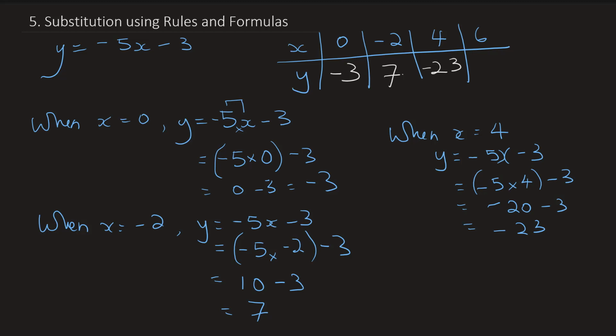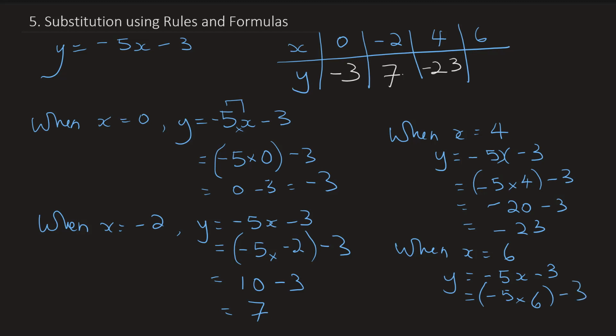And the last one, when x is equal to 6, y is equal to minus 5x minus 3, which is equal to minus 5 multiplied by 6, brackets, minus 3.